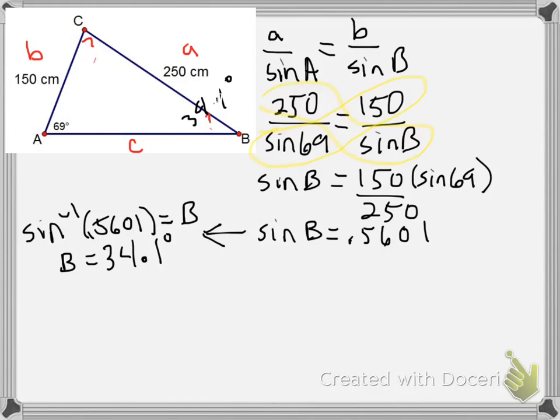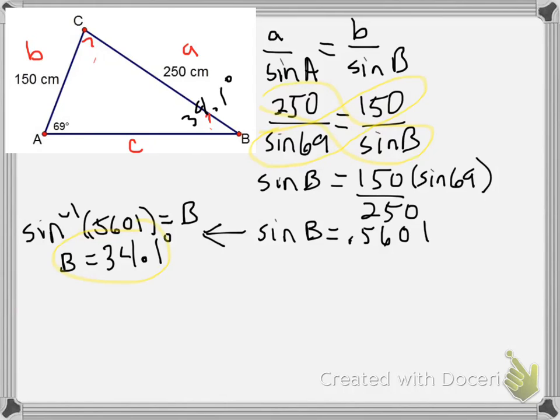Didn't do it big enough there. So I'll just write it in again, 34.1 degrees, and I'll circle it. Okay, so that means we know angle C now. Well, we'll just erase that, do it in the right color.